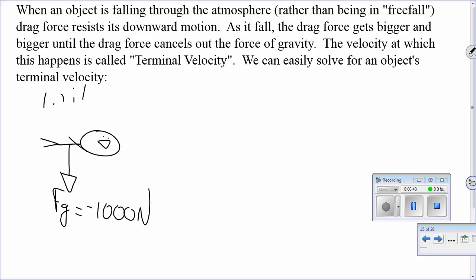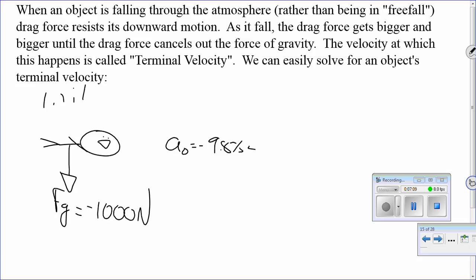When he first steps off the edge, his velocity is 0 for all intents and purposes, right? So there's no drag force. So at that instant, his instantaneous acceleration would be negative 9.8 meters a second squared, right?